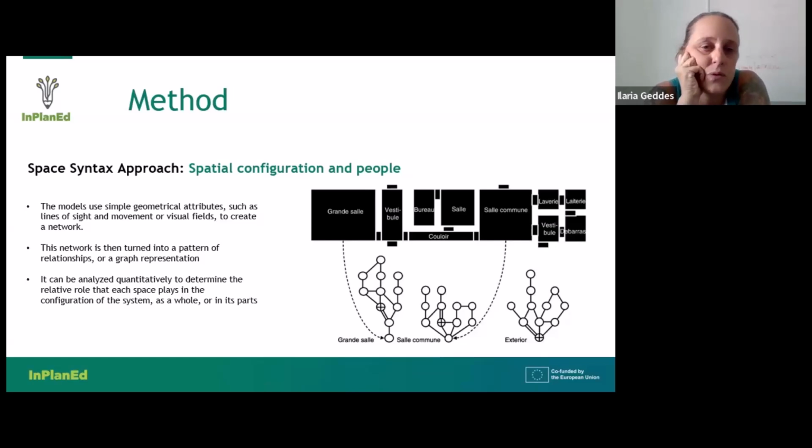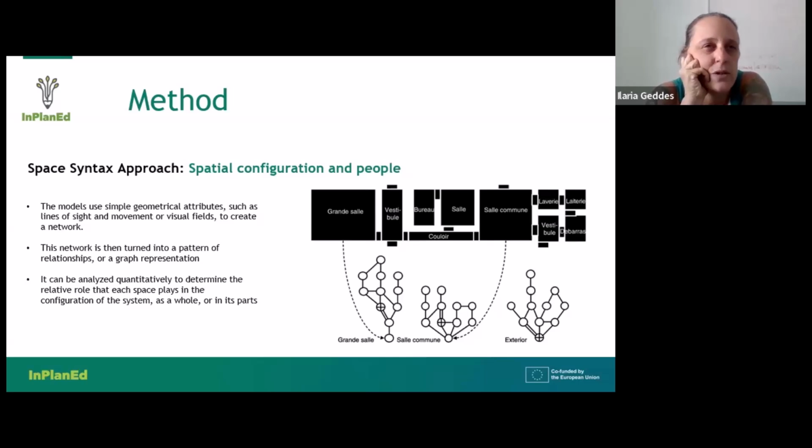So it's a network of rooms linked to each other by doors or corridors, and this network is measured as a pattern of relationships or a graph.